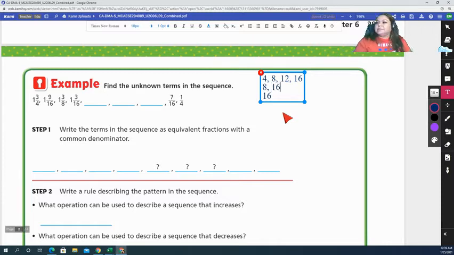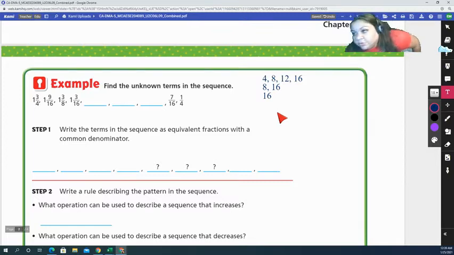And then we have 8 and 16. So our common denominator, now here on this one, notice that I had to find the common denominator from all of the terms. Because I need to have all of these fractions with the same denominator, in this case, I will be listing the multiples of all 3 different denominators, not 2. Very important thing to remember and keep in mind.